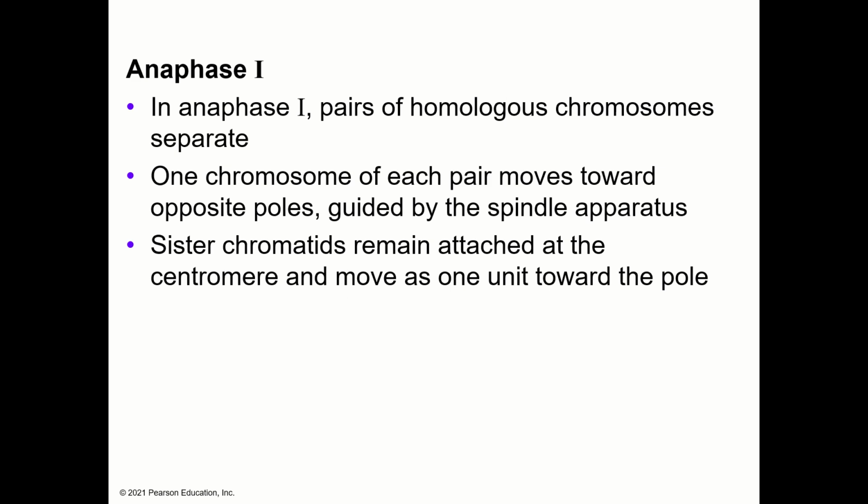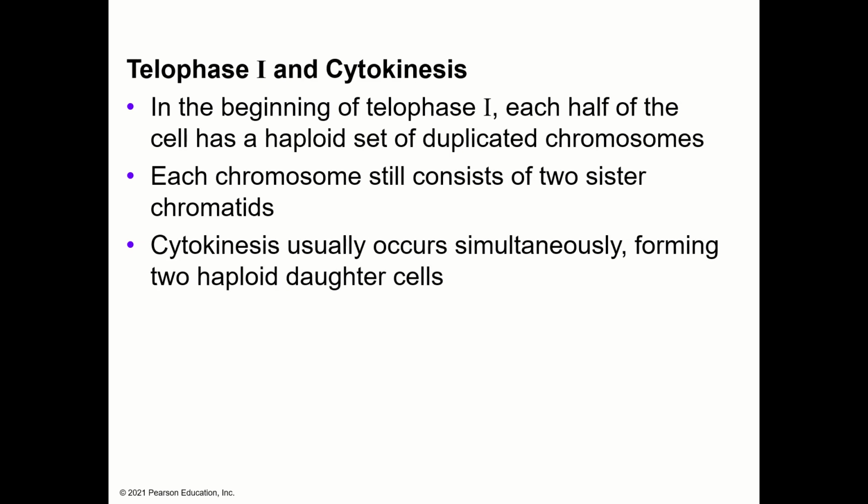During anaphase I, pairs of homologous chromosomes separate. One chromosome of each pair moves toward opposite poles, guided by the spindle apparatus. Sister chromatids remain attached at the centromere and move as one whole unit toward the pole. In telophase I, in the beginning, each half of the cell has a haploid set of duplicated chromosomes.